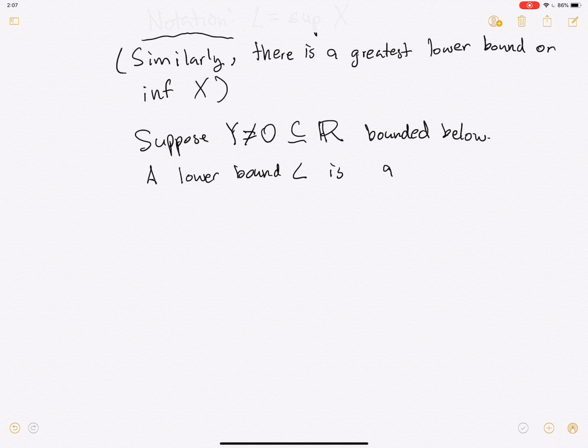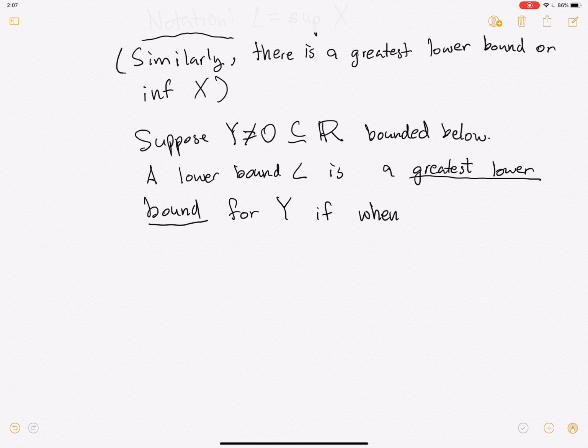L is a greatest lower bound for y if whenever M is a lower bound for y, we have that L is greater than or equal to M.